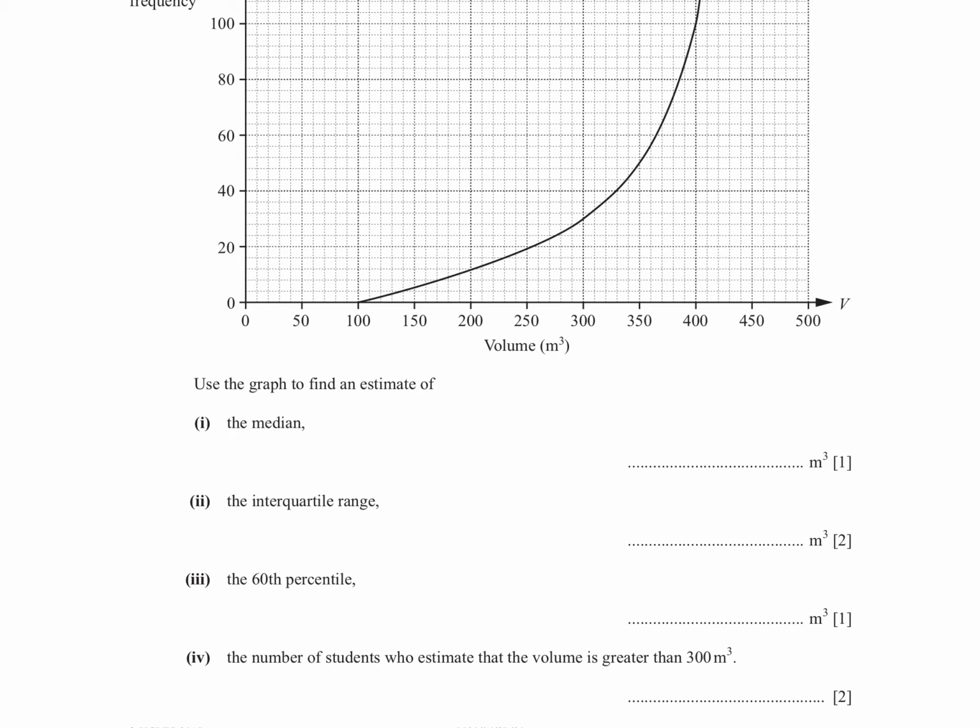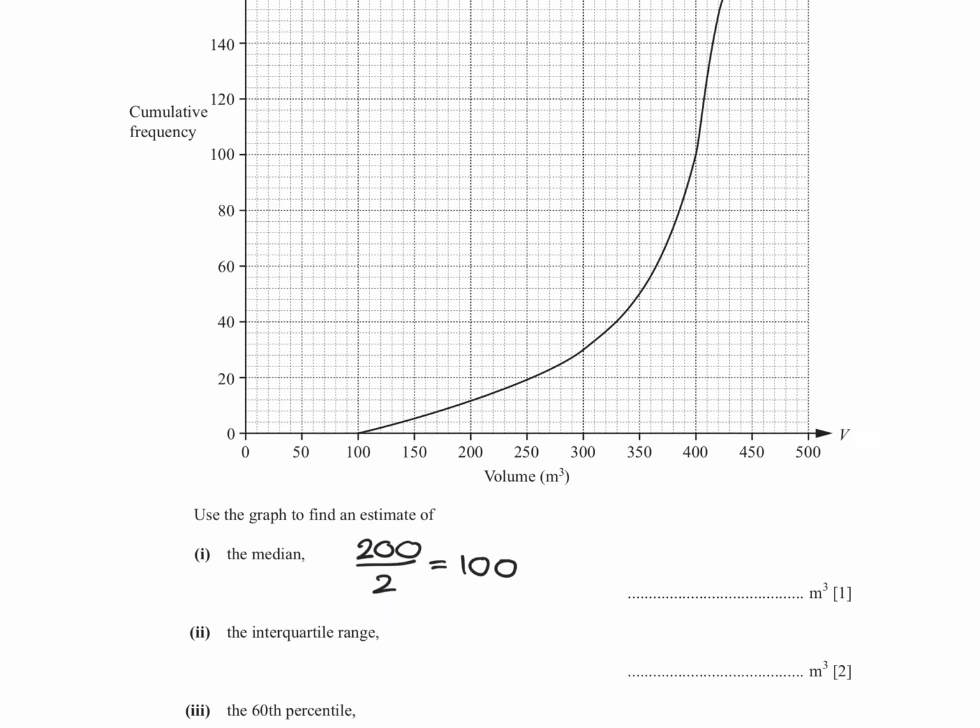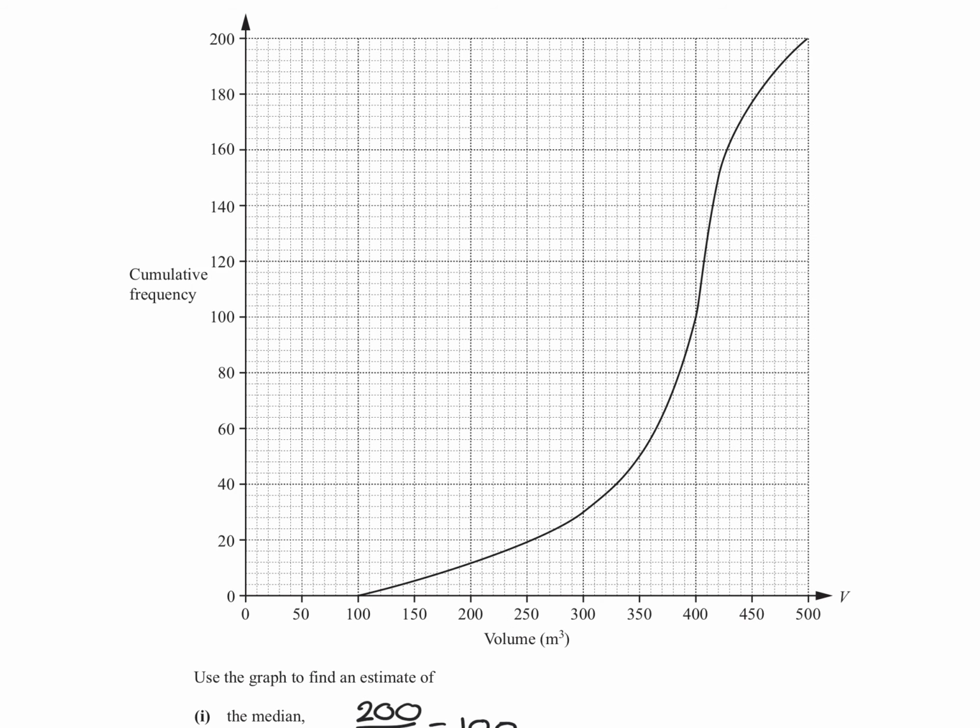To find an estimate of the median, we need to go to the middle of the cumulative frequency. We have 200 students. This means we want to find the 100th student because the middle of 200 is 200 divided by 2 equals 100. So we go to 100 on the cumulative frequency.